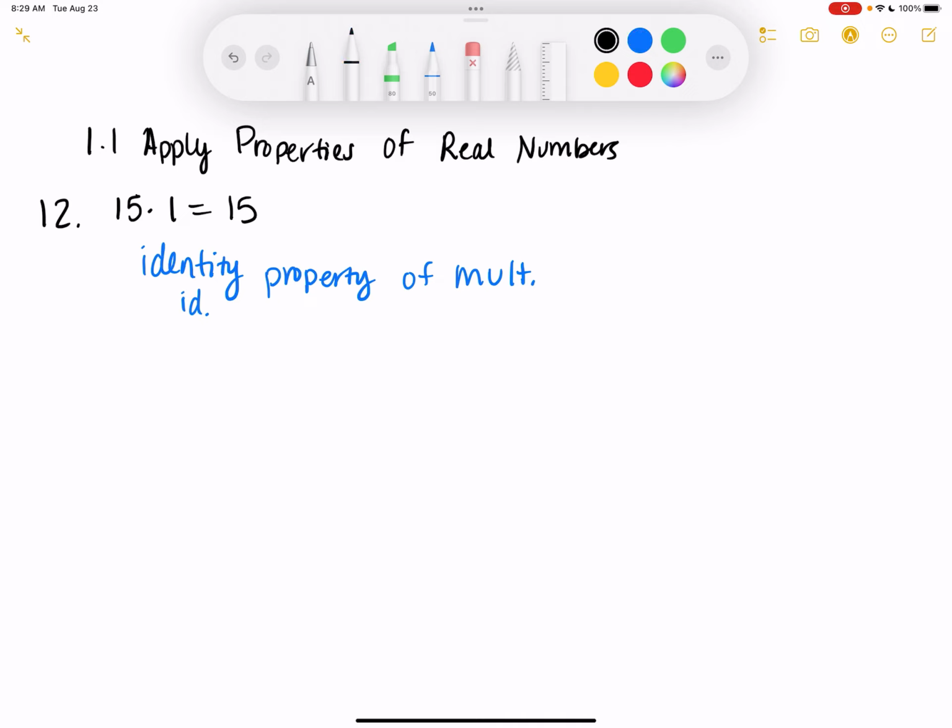See, number 16, 6 times 5 times 7 equals 6 times 5 times 7. Which one would this one be? Associative of multiplication. Yep. Associative.